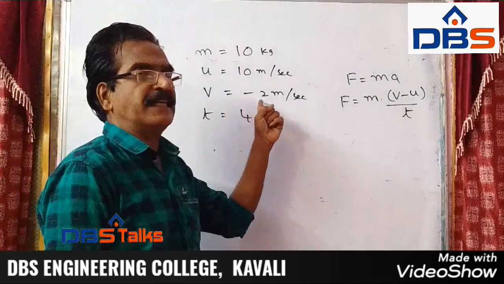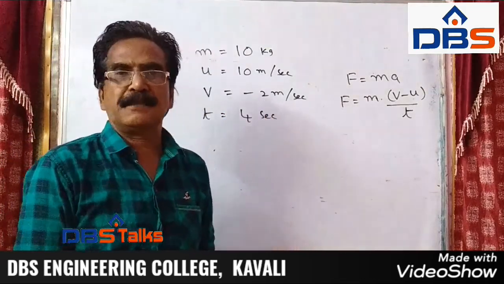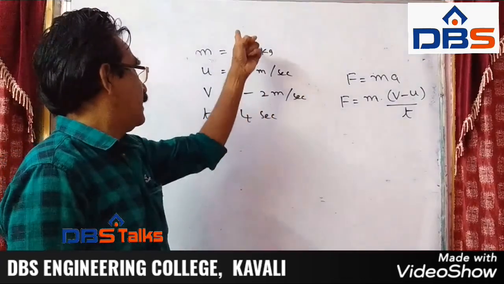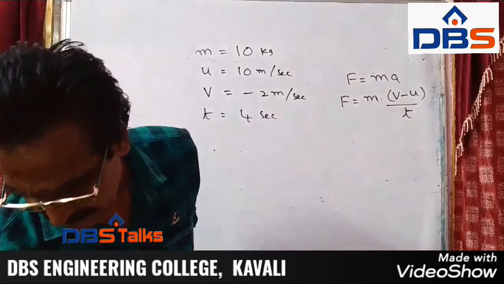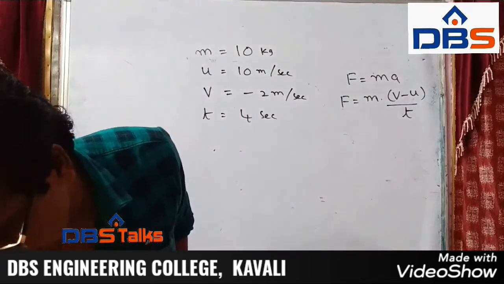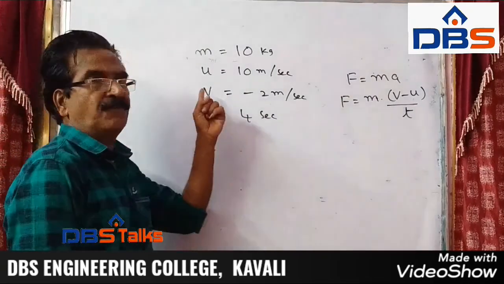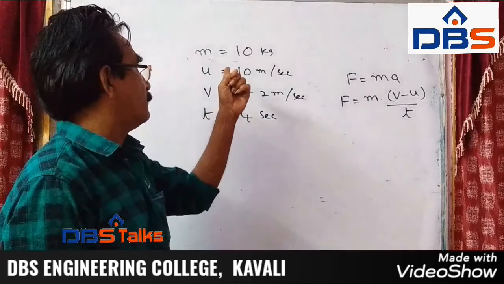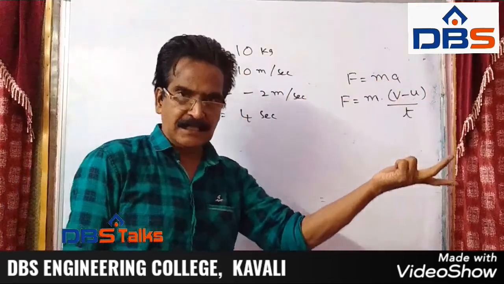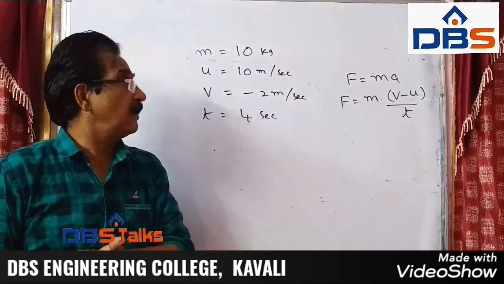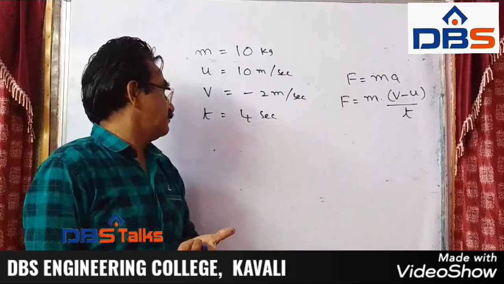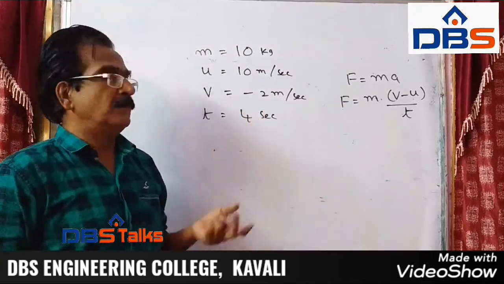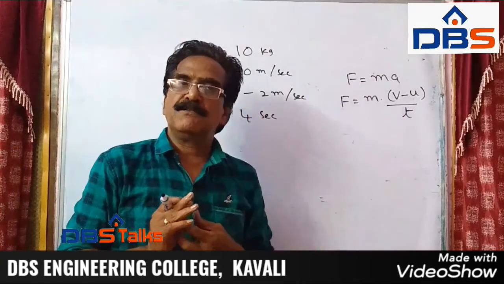That is why we are taking v as minus 2 meters per second. So everything is given, and we need the force acting on the object. So a 10 kg mass is moving at a speed of 10 meters per second. So a force was applied.